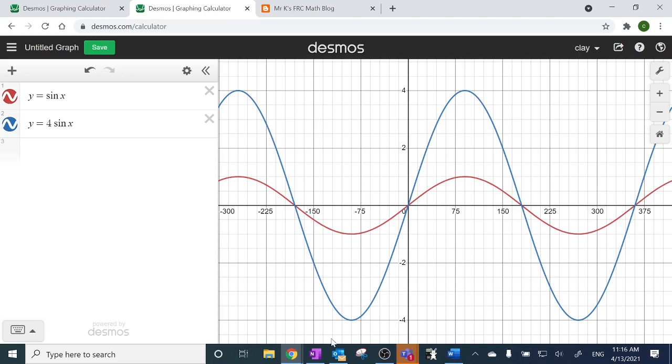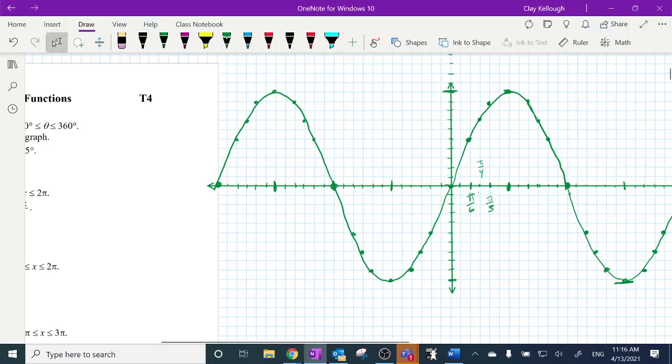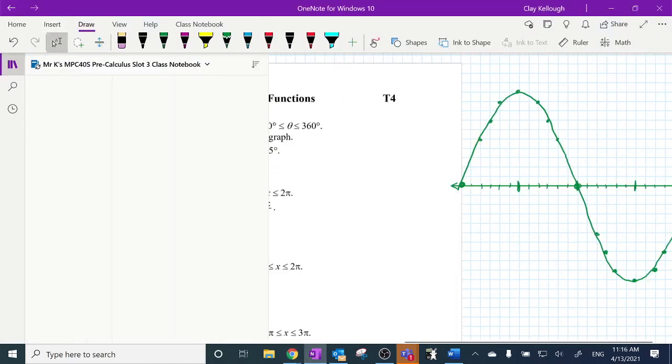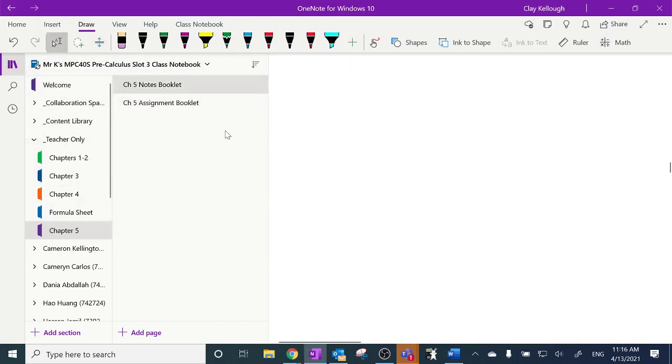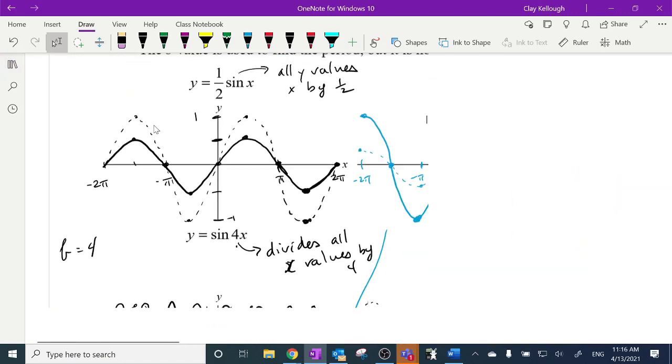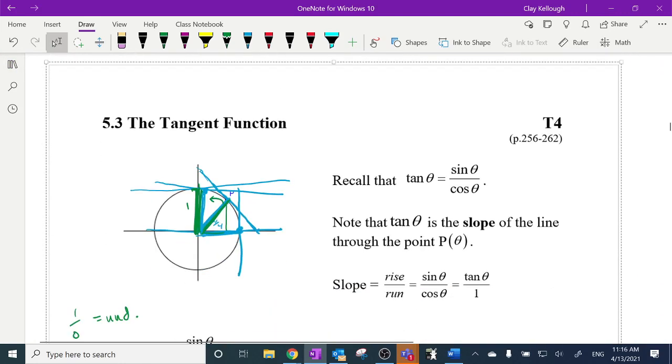And for today's lesson, let's start in on doing more transformations and translations than that. So let's go to the notes booklet, and let's go to the 5.2 lesson.